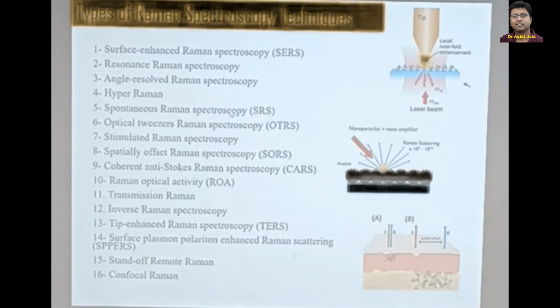And what do these substrates do? They amplify the scattering wavelength. The intensity of the scattering is increased by these scatterers. That is why new types of Raman spectroscopic techniques have come up.